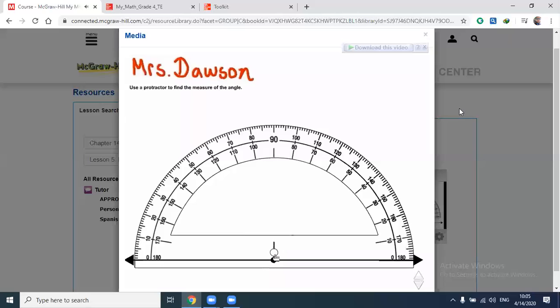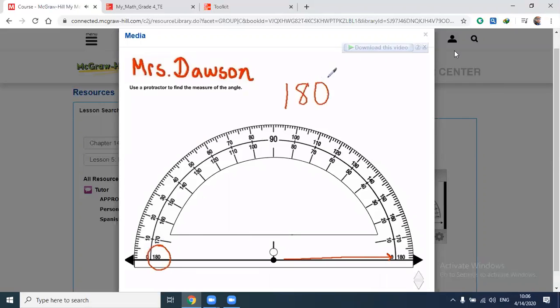We need to line up this ray exactly on 0, and then count all the way around to the other ray. You'll notice that it lines up on 180. So we begin to the right at 0, all the way around the protractor to 180 degrees. The measure of a straight angle is 180 degrees.